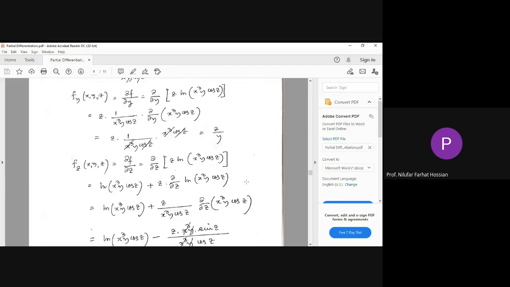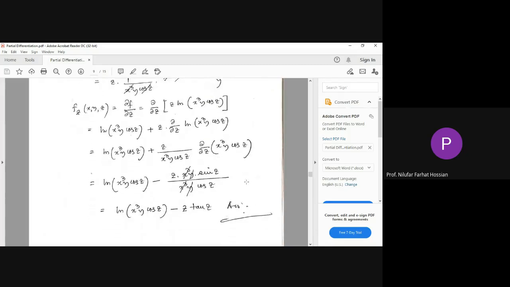Now let us perform the partial differentiation with respect to z. So fz means del f by del z. So del z of this f, this was our f. Now you see the factors, both of them contain z. Z into ln of this. Here it is only z. So you have to perform it using the product rule, uv.